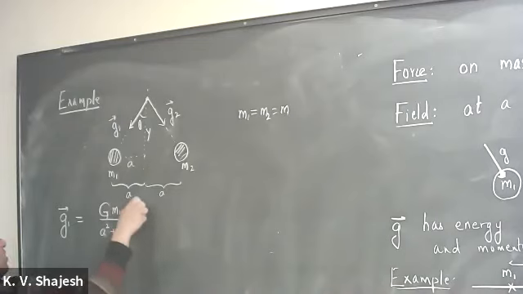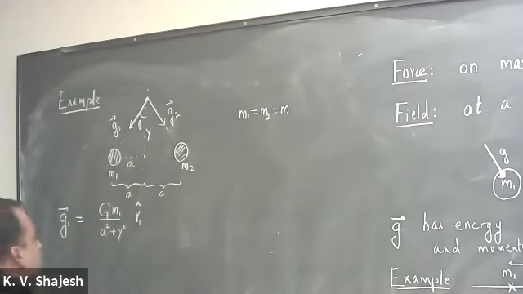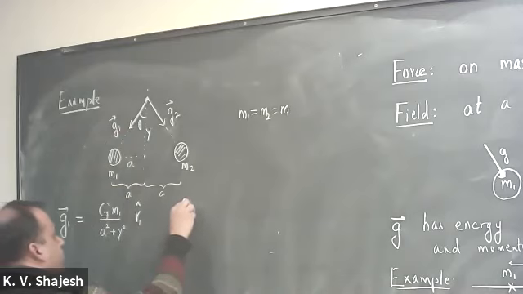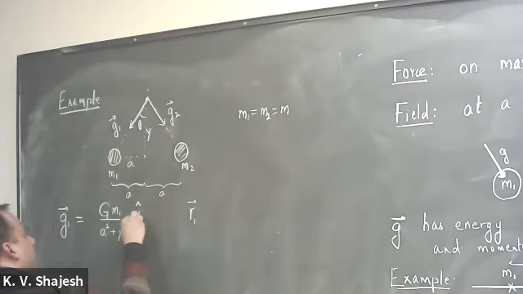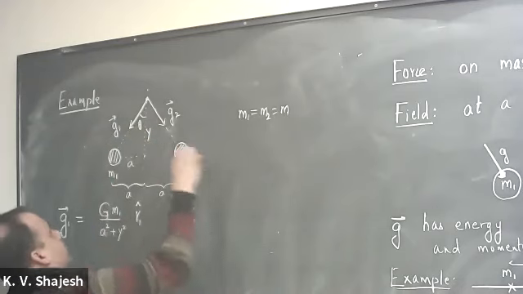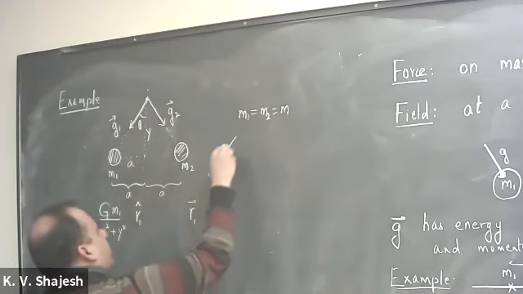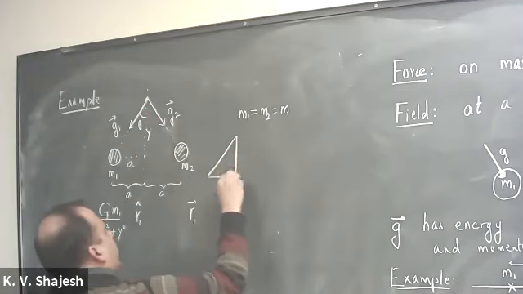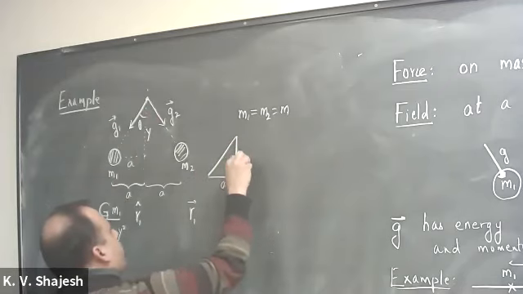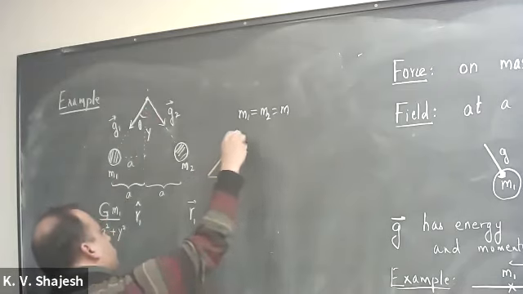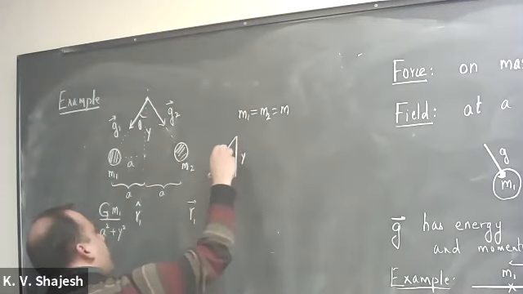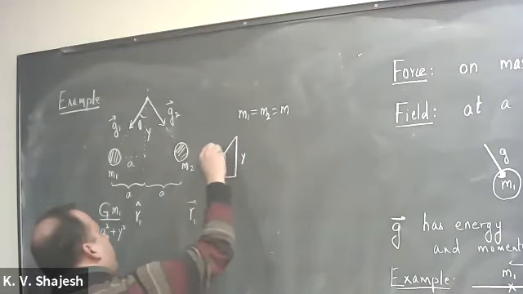That tells me the direction of the gravitational force G1. What is r1 hat? This is a unit vector. So how do I get r1 hat? I draw a unit line. So we have a triangle like this. That's my a, that's my y, and I pretend this is a unit line. So that will be my r hat.